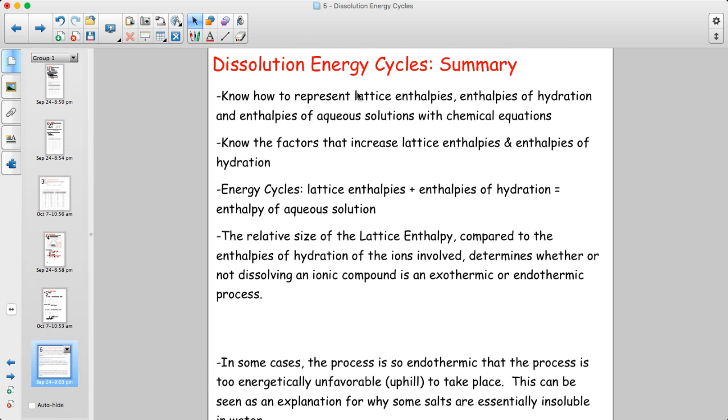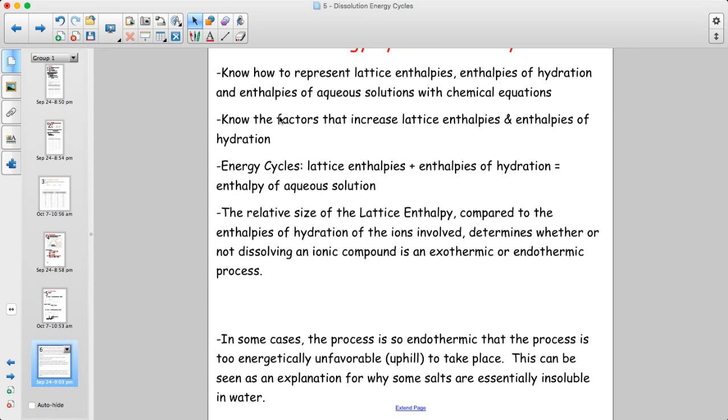You need to know how to represent lattice enthalpies, enthalpies of hydration, and enthalpies of aqueous solution with chemical equations. Those we did on the first 3 slides. You should know the factors that increase lattice enthalpies and enthalpies of hydration. Those are charge density, so essentially either increasing the charge on the ion or decreasing the size of the ion. The energy cycle is fairly simple.